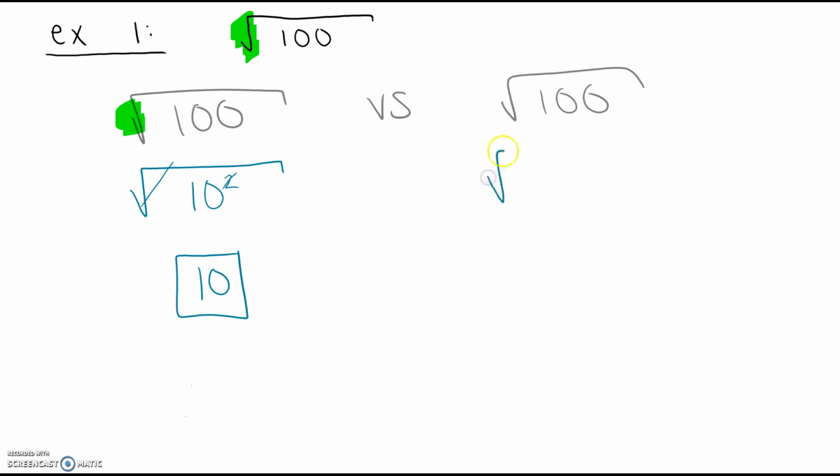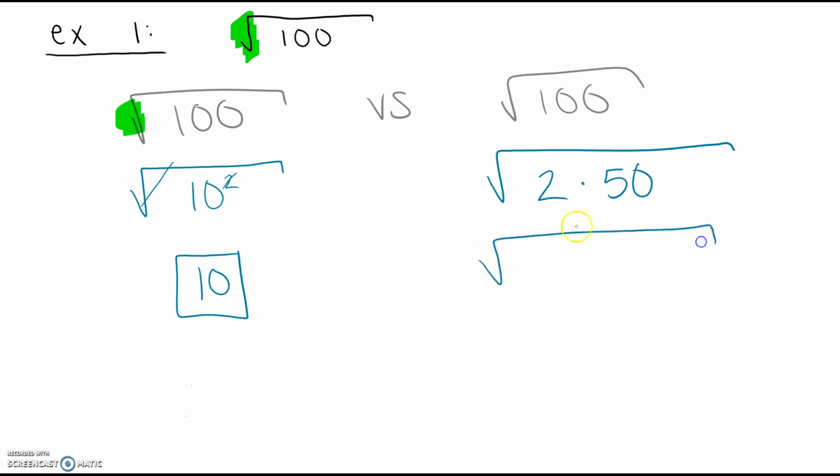Now I'm going to give you more complicated problems later, so what some students like to do is just write it out the long way. So maybe you don't even realize that it's 10 times 10, maybe you think, oh, 2 times 50. We'll keep factoring. So we're going to bring down our 2 because that can't be factored more. And then 50 is the same as 2 times 25. Now because my index is 2, that means I'm looking for 2 things being multiplied together.